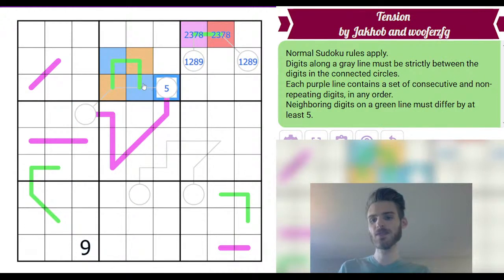But if this is a 5, then even if this is as far away as a 9 or a 1, then these two cells will have to be between 5 and 1 and 9, which means they have to be the same parity, but they are by definition, as I've labeled them, opposite parity. So this can't be a 5. And if this is a 4, I think we get into the same problem.